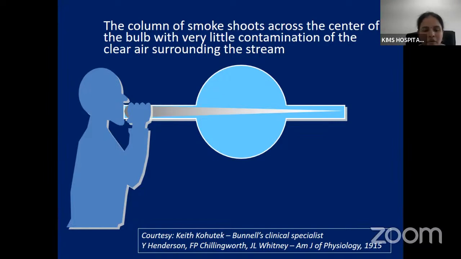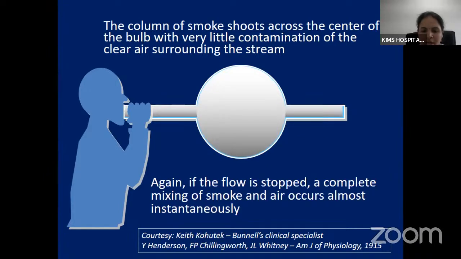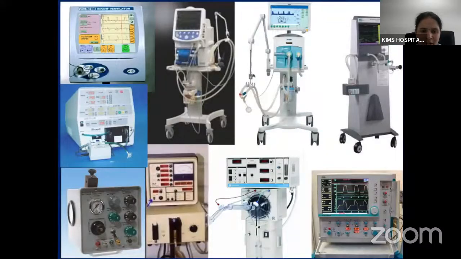Even then, when one blew a tobacco puff across the tube, there was very little contamination with the clean air surrounding the stream. Again, there was complete dispersion when there was cessation of flow at the other end of the tube. So this flow streaming is the important principle behind high frequency ventilation.